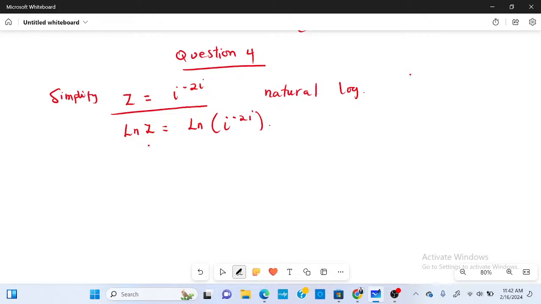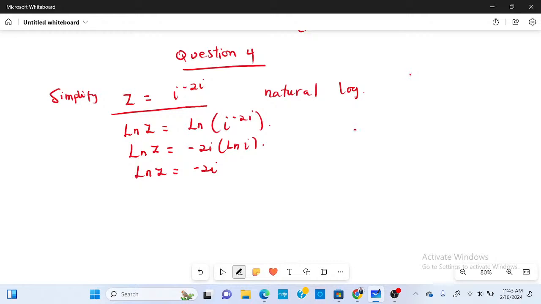By the properties of logarithm, my power will come down as negative 2i ln i, as simple as this. So at this point, I'll have ln z equal to negative 2i ln i, but our ln i here we have to simplify.